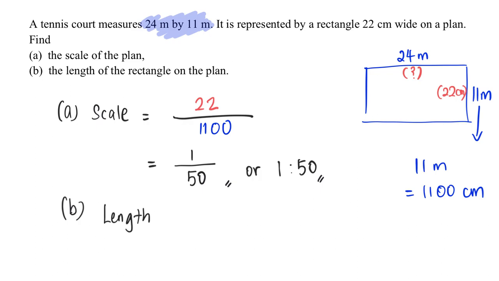Because I know the scale is 50, the actual length is 50 times larger than the length on the plan, meaning I'm going to just divide by 50. 24 meter is 2400 cm, going to divide by 50, and that will give me 48 cm. And we are done with this question. Let's move on to the next question.